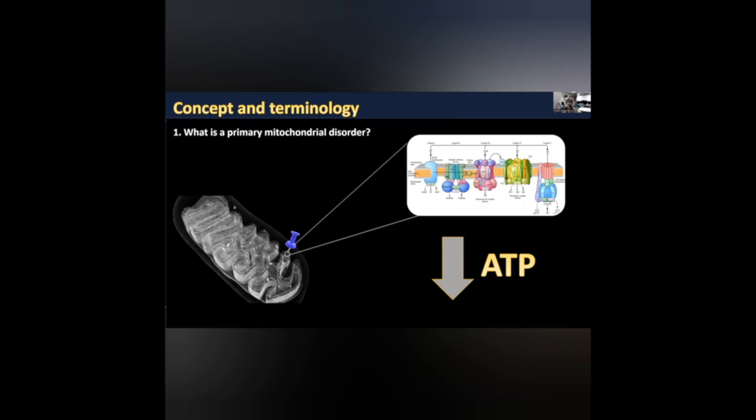So remember, primary mitochondrial disorders are not necessarily related to the mitochondrial genome. Actually, the most common genes that cause mitochondrial dysfunction are pathogenic variants in the nuclear genome. In other words, any type of pathogenic variant affecting the nuclear or mitochondrial genome that causes a primary dysfunction of the oxidative phosphorylation can be called a primary mitochondrial disease.